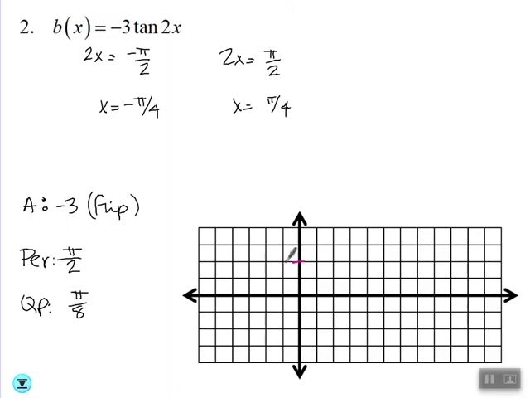So let's go ahead and label our axes. Then we'll graph our asymptotes.